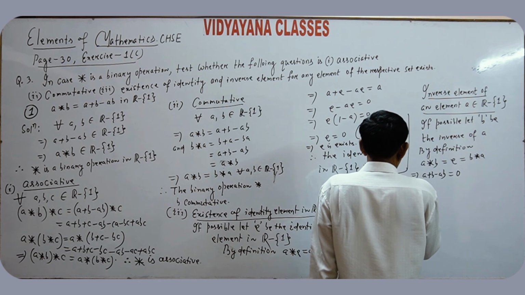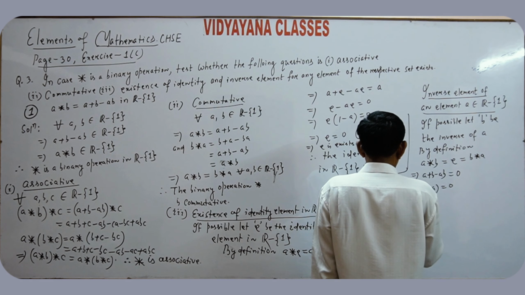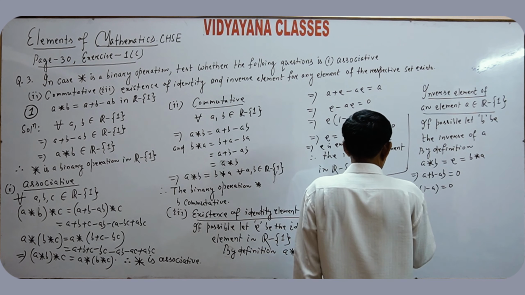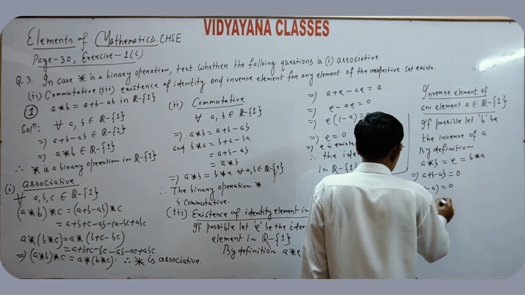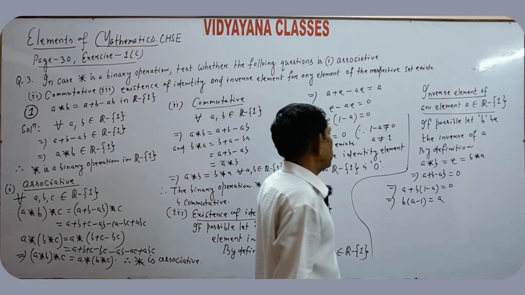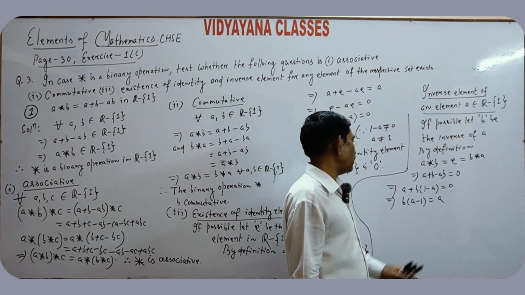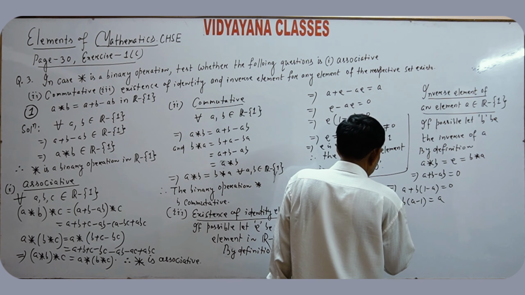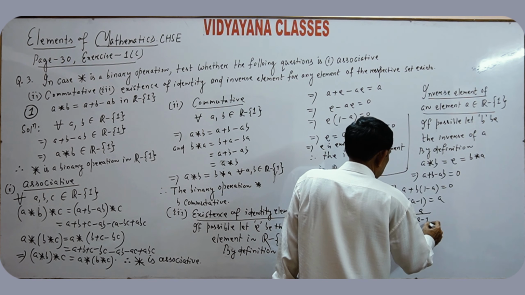Which implies A plus B into 1 minus A is equal to 0, which implies B into A minus 1 is equal to A. B into A minus 1 is equal to minus A, minus minus cancel, which implies B is equal to A divided by A minus 1.